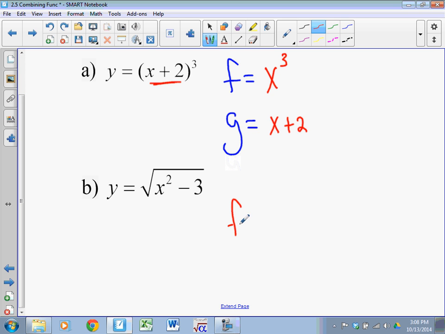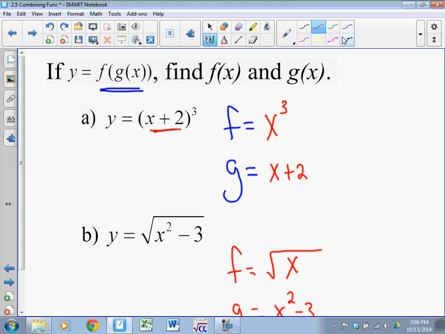For b, for my f and g, my inside part would be x squared minus 3. And my outside part would be just the square root of x. Thinking kind of our parent functions ideas here. Now, are there other choices? Sure. If you consider the top one, just to show you what I mean, we could say that my original function was x plus 1 cubed, and then my g was x plus 1.